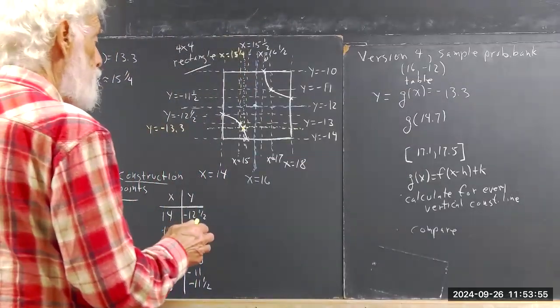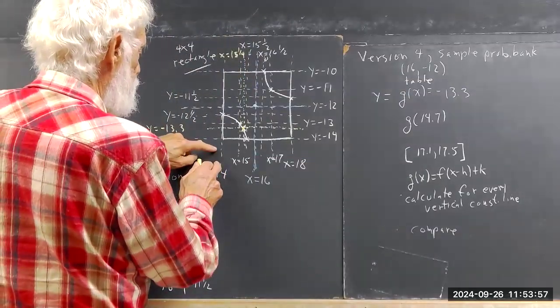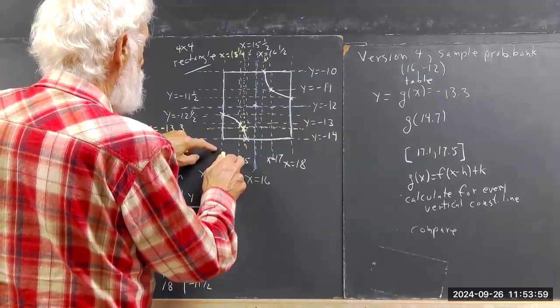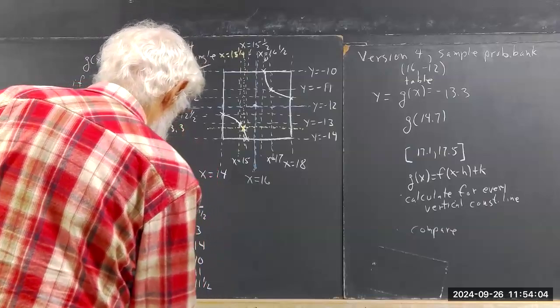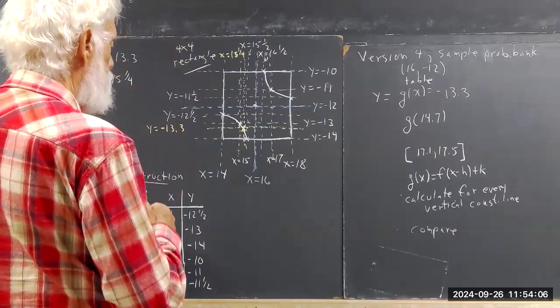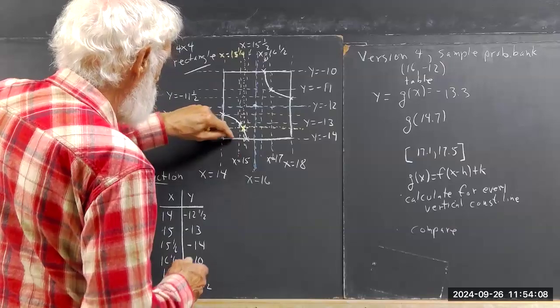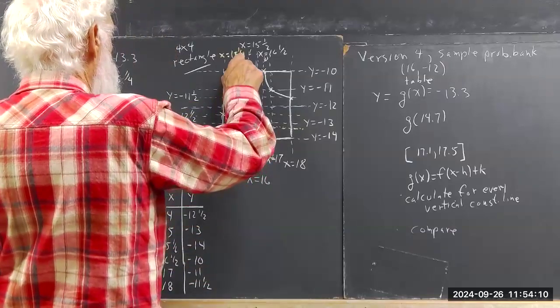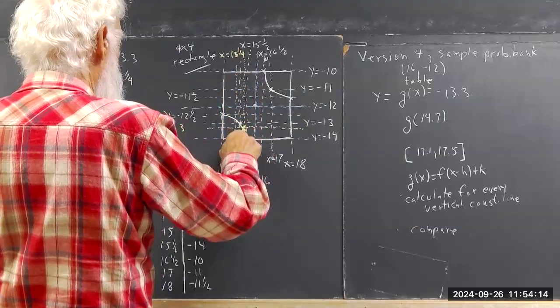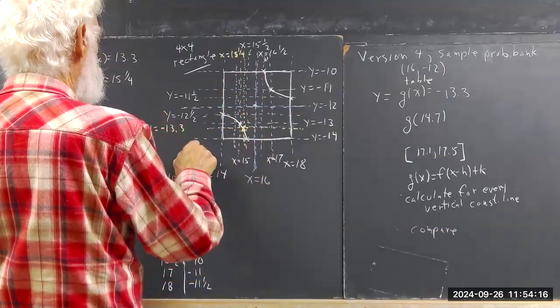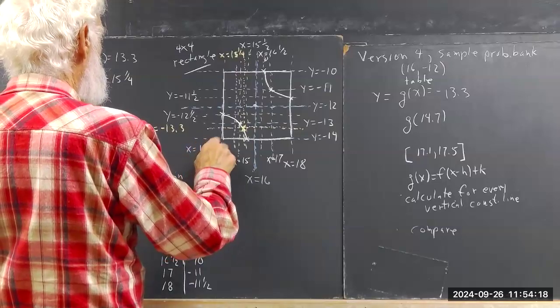So 14.7, well, 14 is here, 15 is here, 14.7 is between 14 and 15, now somewhat closer to 15. We'll call this line x equals 14.7.